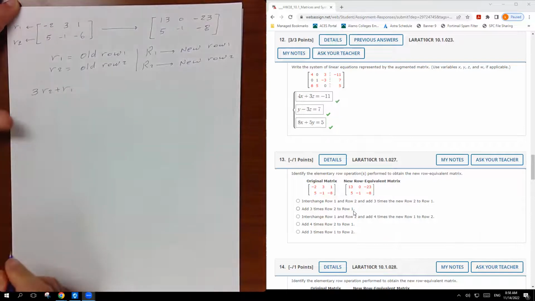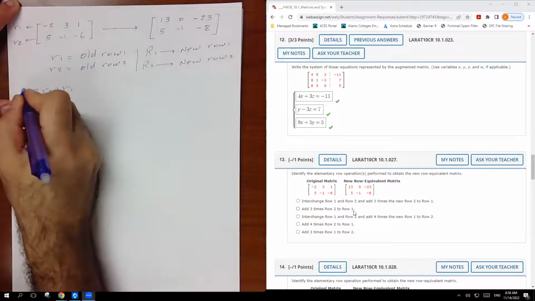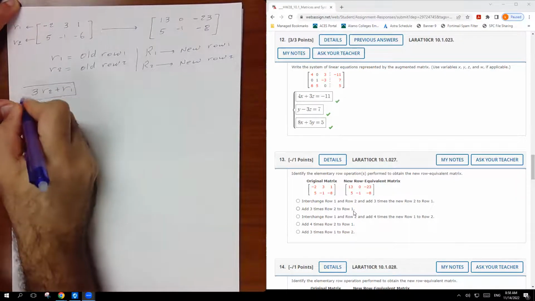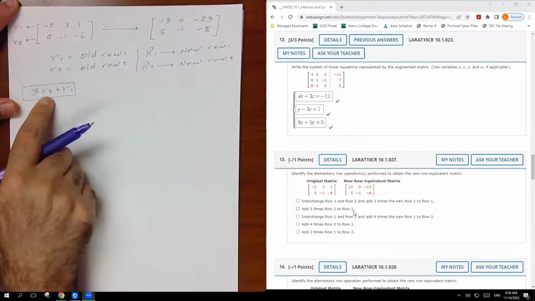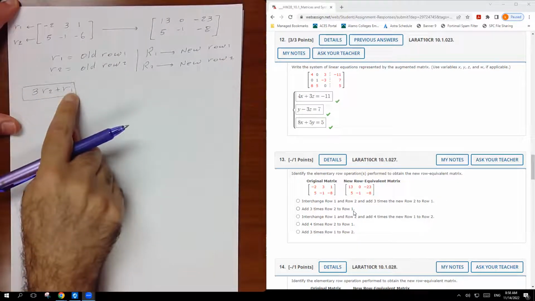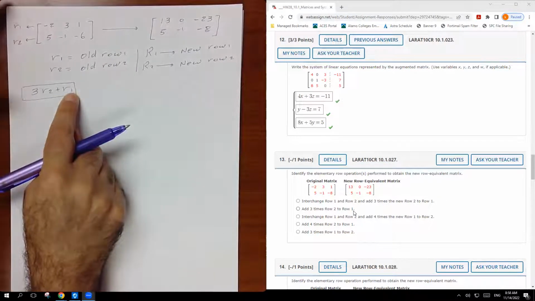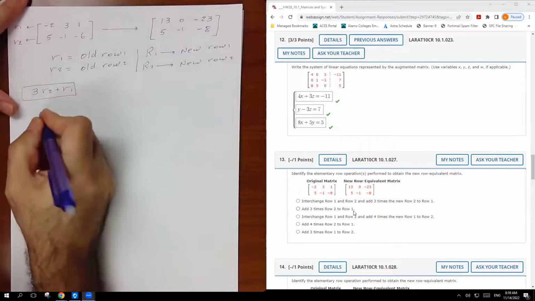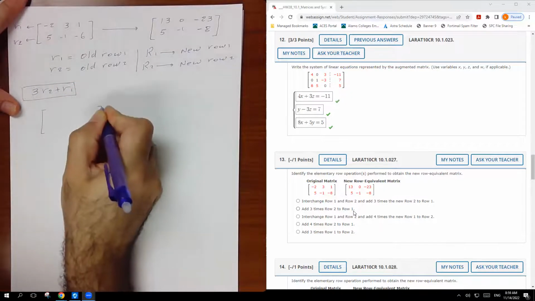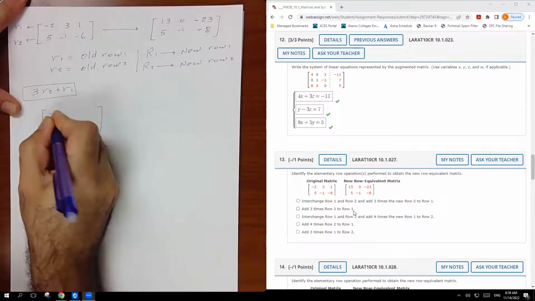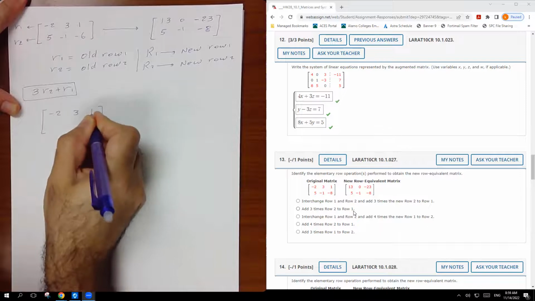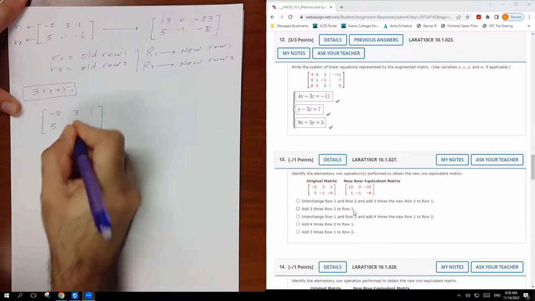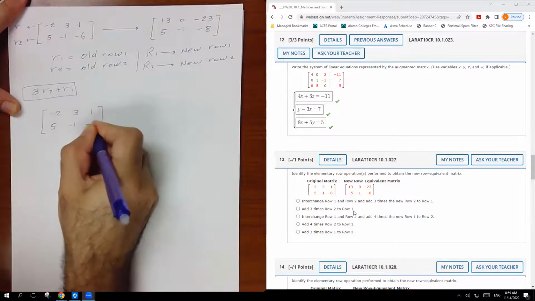This is the rule. That's what it says here. We're going to multiply 3 times r2, and we're going to add it to r1. So if you look at this matrix, which is -2, 3, 1, 5, -1, -6.